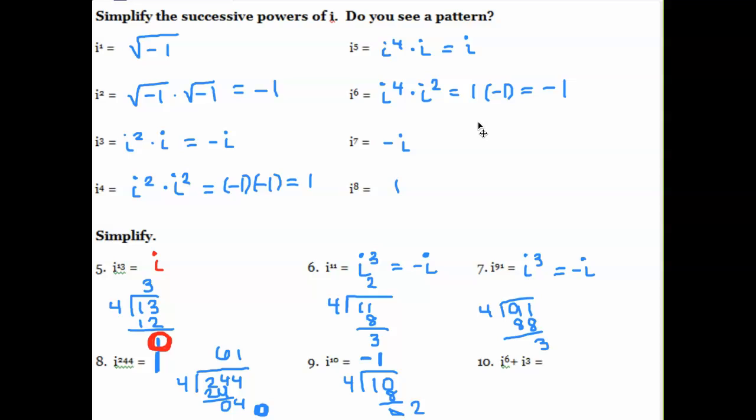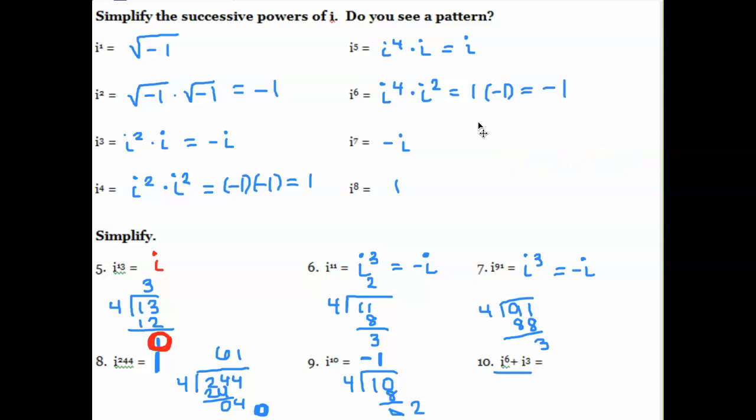You cannot add i cubed and i to the 6th. You cannot add their exponents. Just like if I gave you x to the 6th plus x cubed, that does not equal x to the 9th. i to the 6th plus i cubed does not equal i to the 9th.